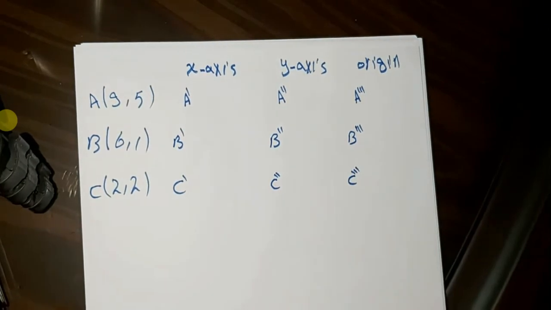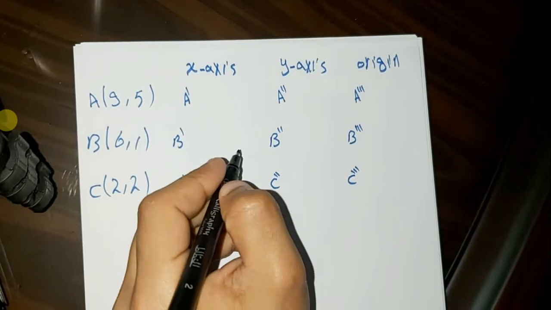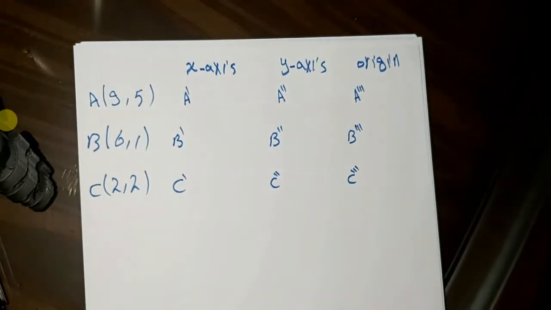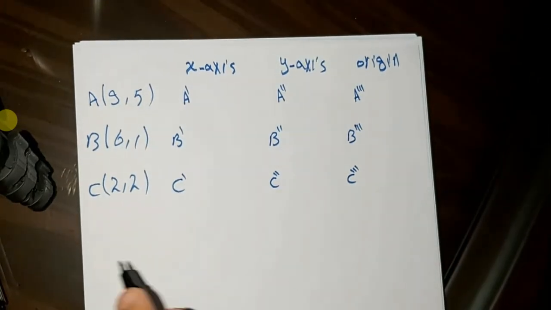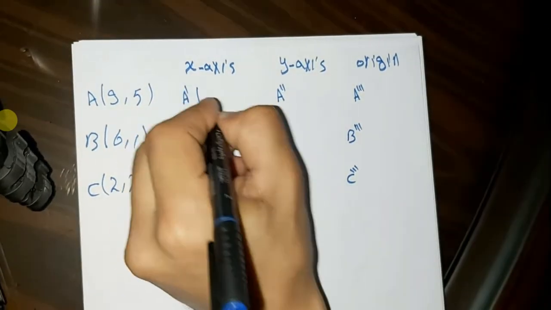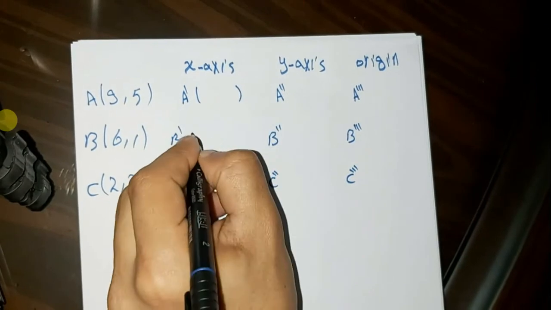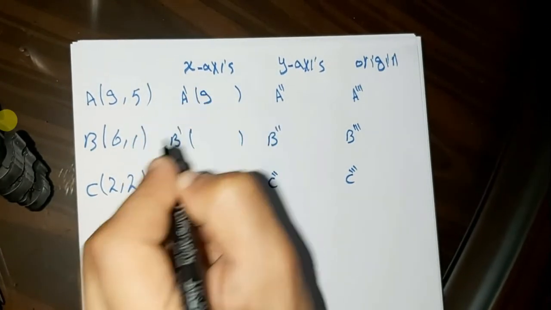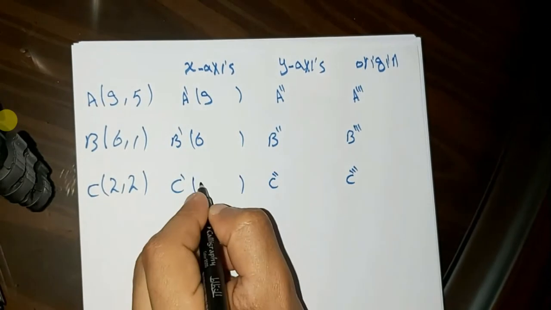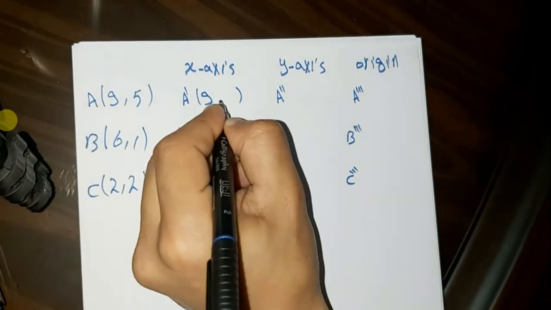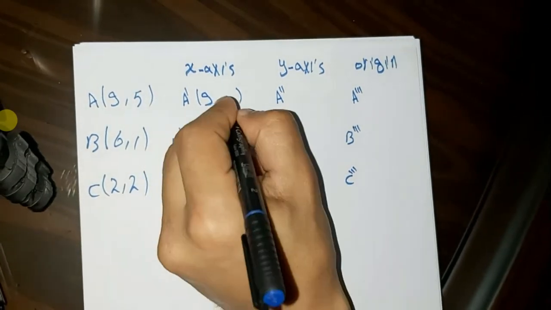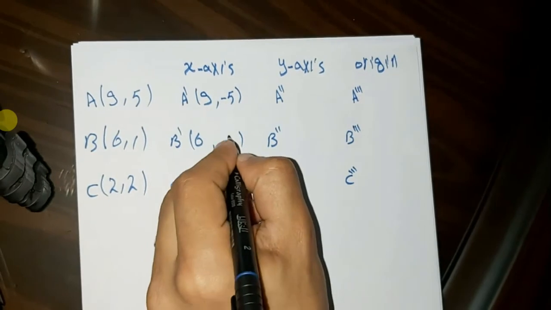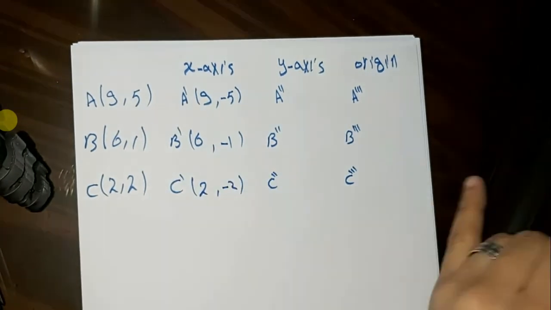Okay, I will start with the x-axis. If we want to find the reflection on the x-axis, we will keep x as it is, so we keep x as 9, 6, 2, and we will change y. It will be -5, -1, -2.